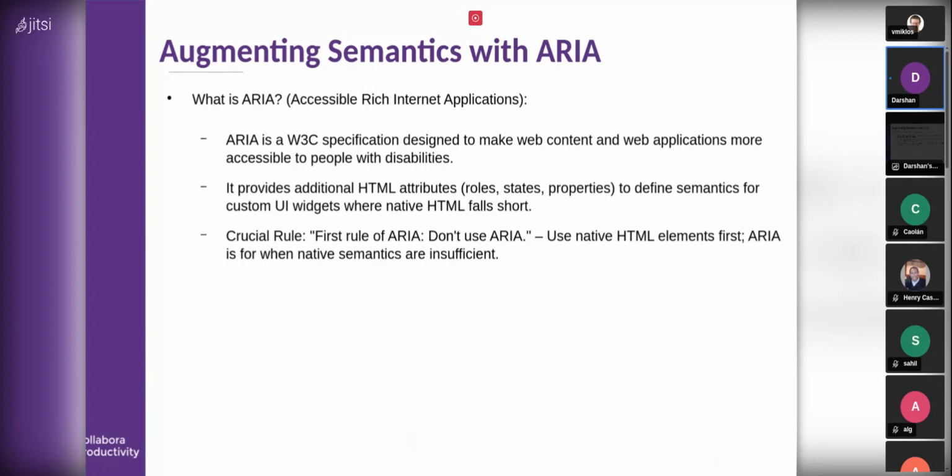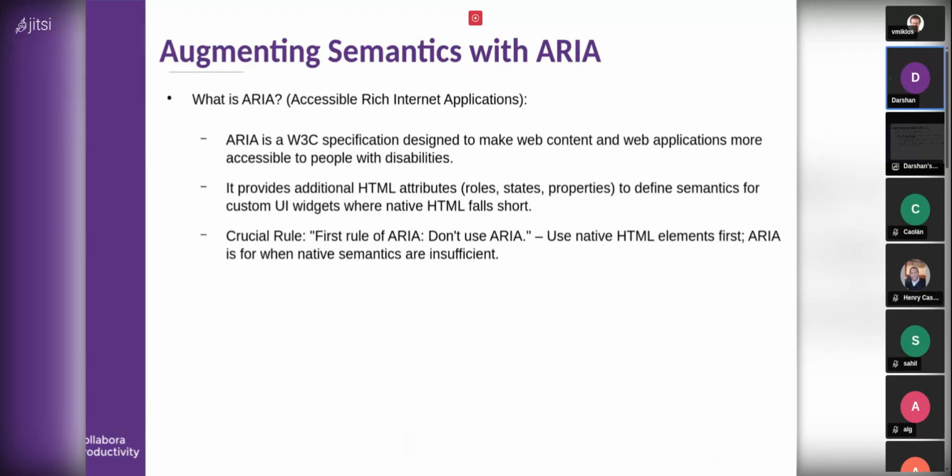We need some custom widgets, and we need to present the dialogue in some particular fashion. In that manner, we can't really rely only on the native HTML for the accessibility part.